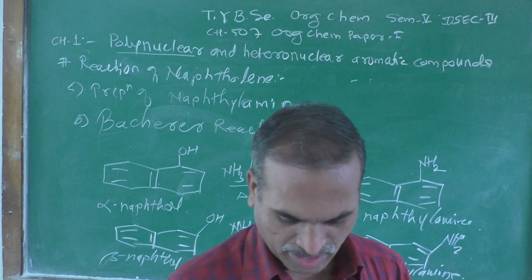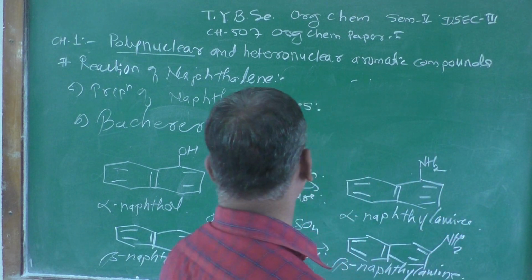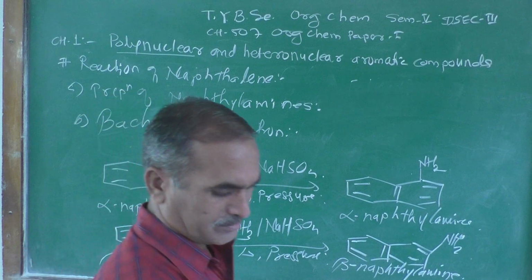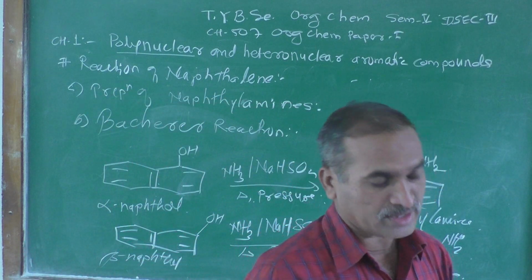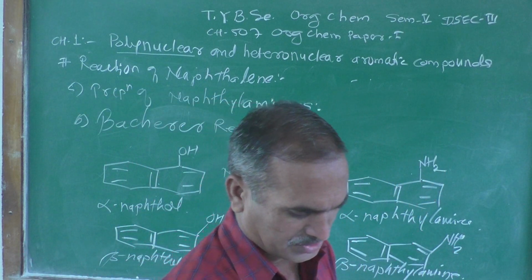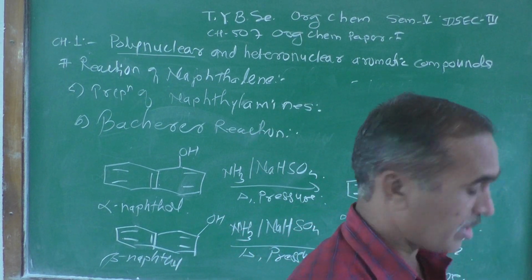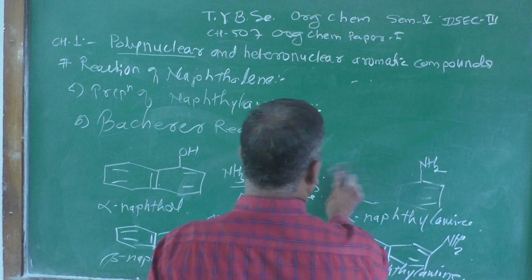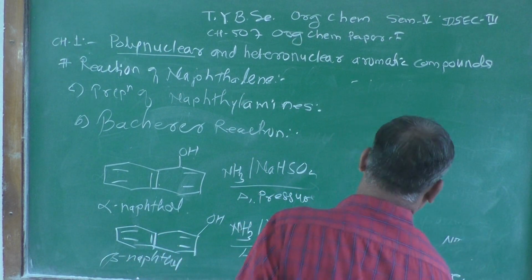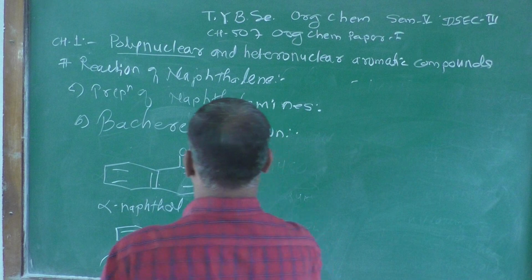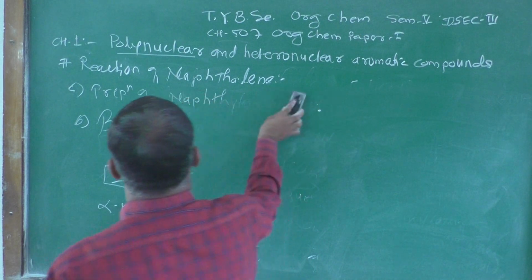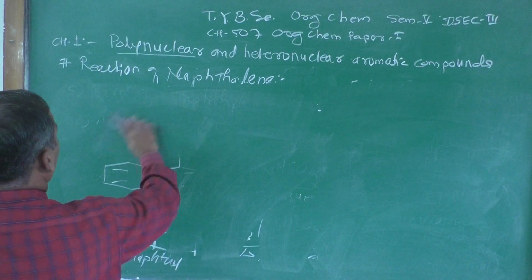Now let us look at the next reaction. The next reactions are six. One is the Friedel-Crafts acylation reaction that we are talking about, because we are discussing the reactions of naphthalene.